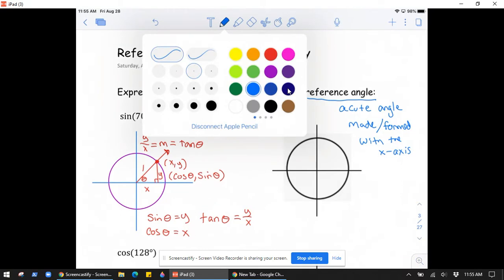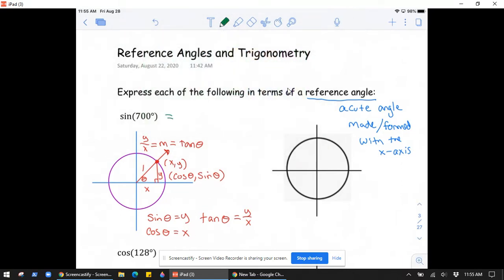Well, the first thing to notice is that 700 degrees is coterminal with an angle that's smaller than it. To find an angle that's coterminal with 700 degrees, we're going to subtract 360 degrees, because rotating 360 degrees brings you back to wherever you started, and the sine is going to be the same regardless. So sine of 700 minus 360: 700 minus 300 is 400, minus 60 gives you 340. So this is the sine of 340 degrees.